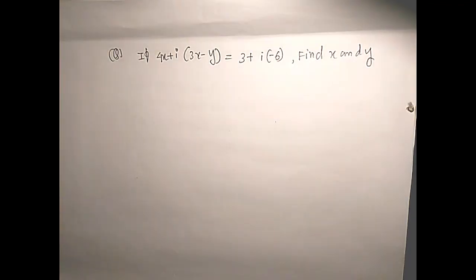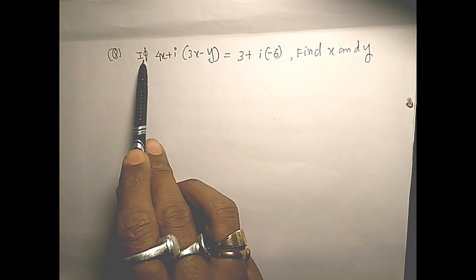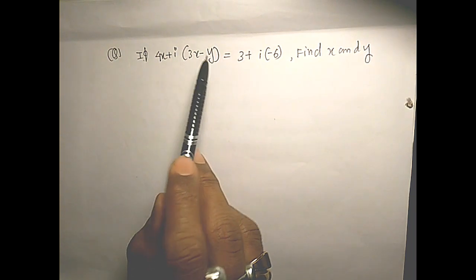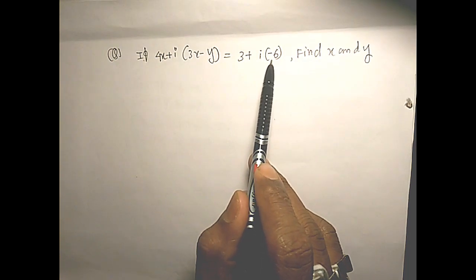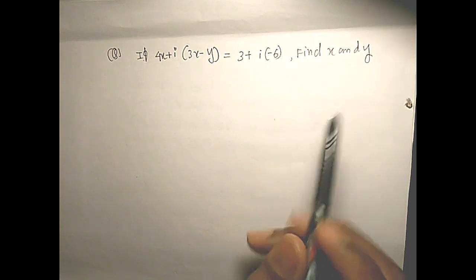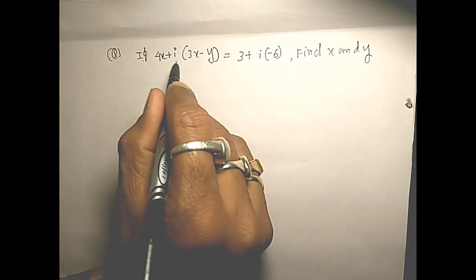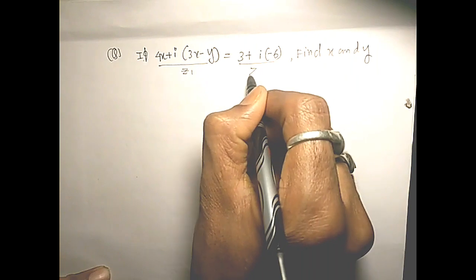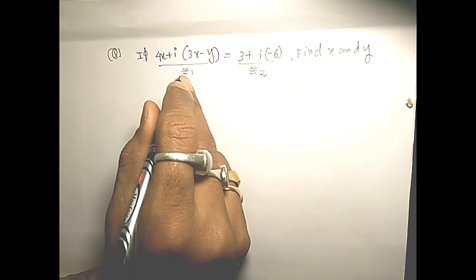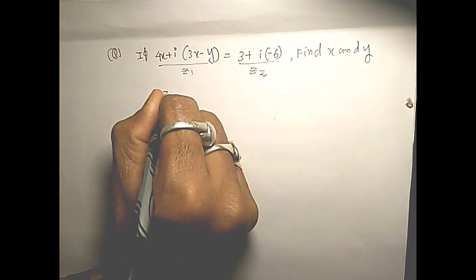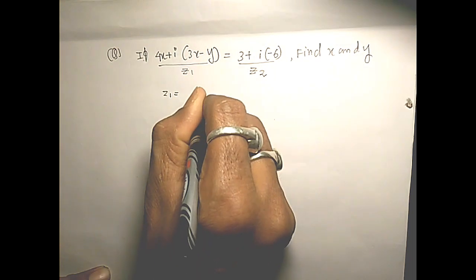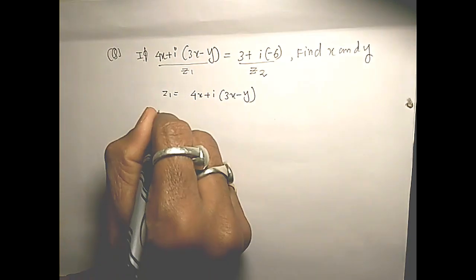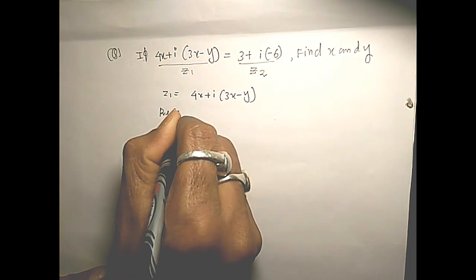So let us discuss another question. If 4x plus i(3x minus y) equals 3 plus i(minus 6), find x and y. So 4x plus i(3x minus y) we consider as z1, and 3 plus i(minus 6) we consider as z2.